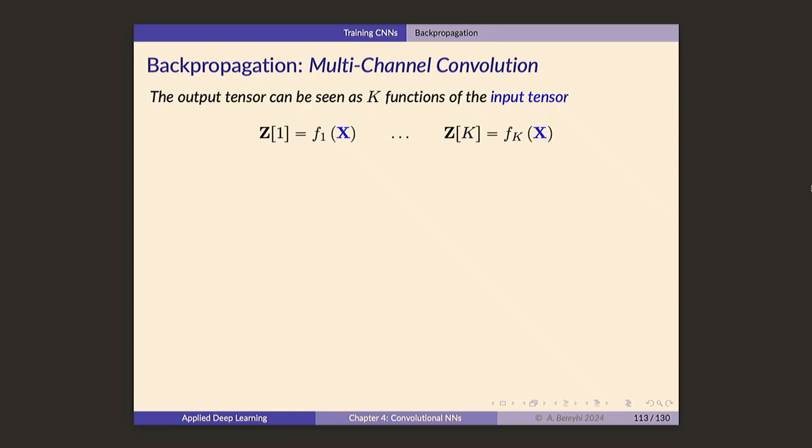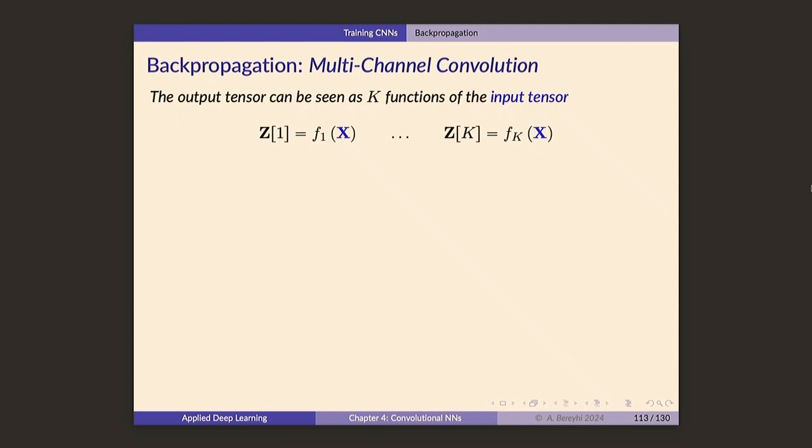I want to find the gradient of r hat with respect to x, and I want to write it down with the chain rule, but just use the cheating version. It's going to be the gradient of r hat with respect to z1, the first map, correct? So here is z1. Clear? Then I'm going to multiply it with what?